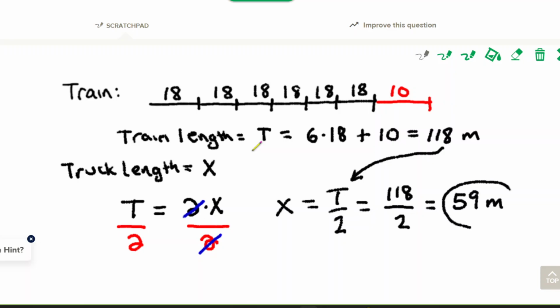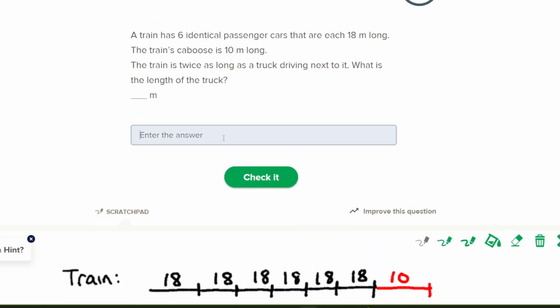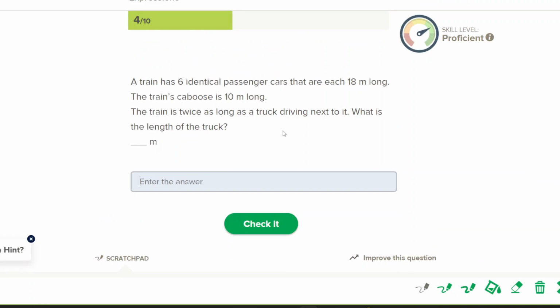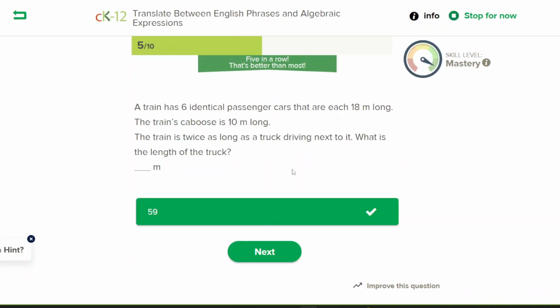So here it is, there's the value of X. X equals 59 meters. And what was X? X was the length of the truck. So my final answer: what is the length of the truck? 59 meters. They already have meters up here, so I'm just putting in 59 and then checking it out. Excellent.